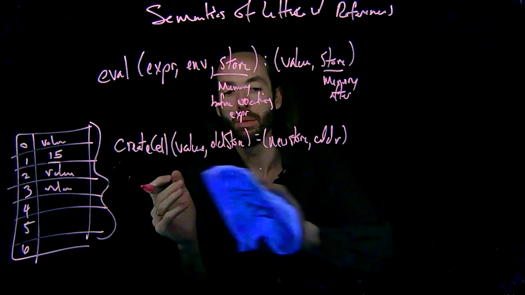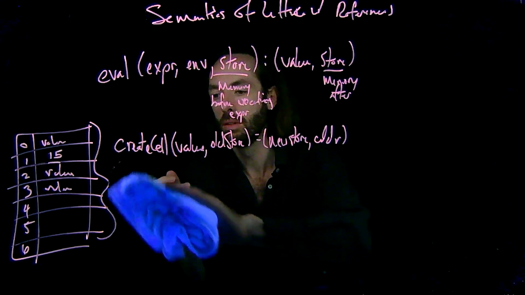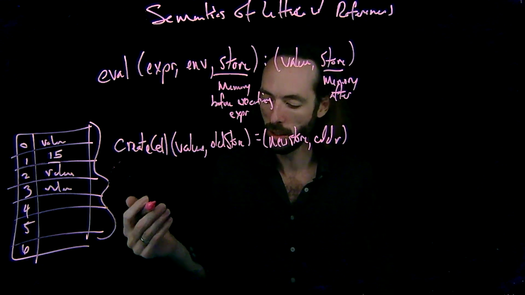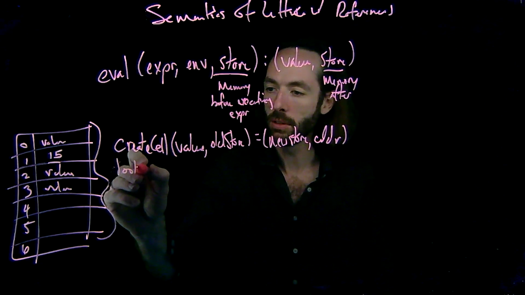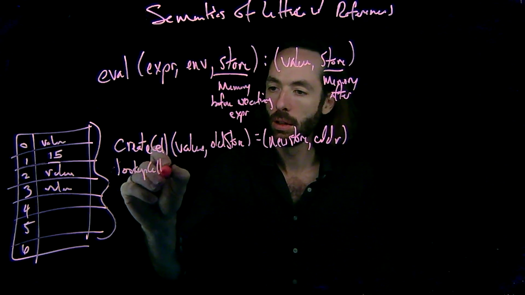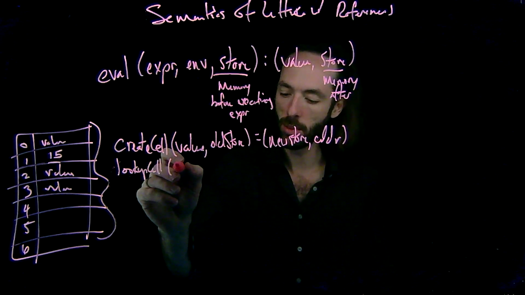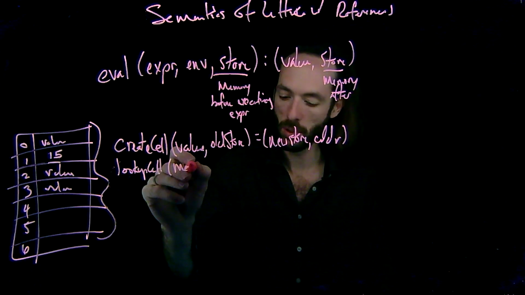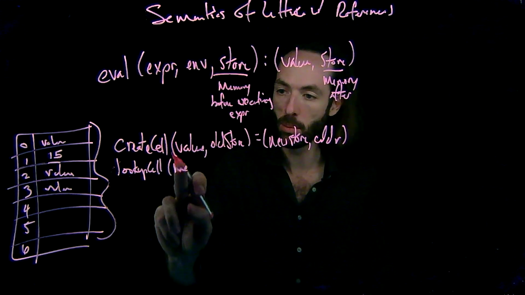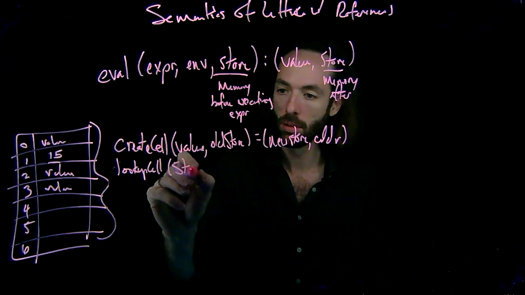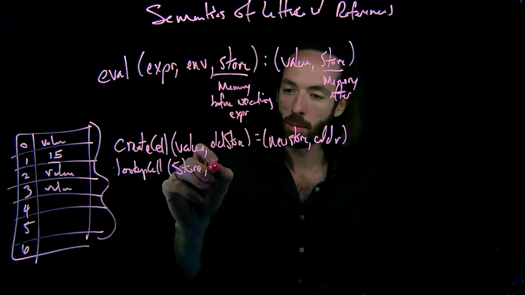Likewise, what else will we need in order to implement a memory? We'll need a lookup function. So we'll have a lookup cell. And what should this do? Well, it's going to look up in a store some address.